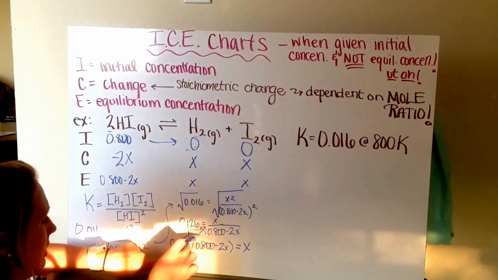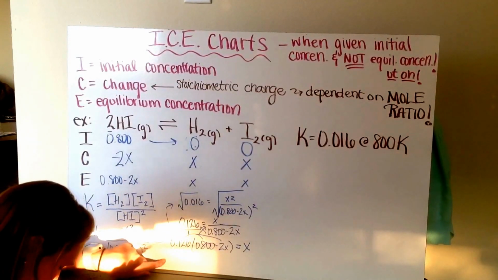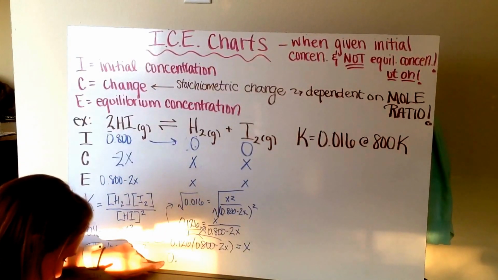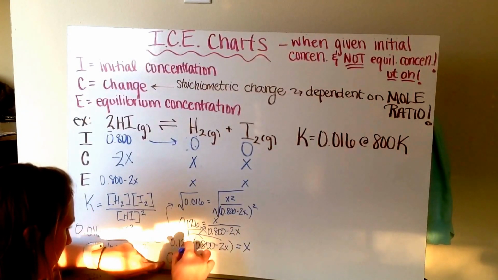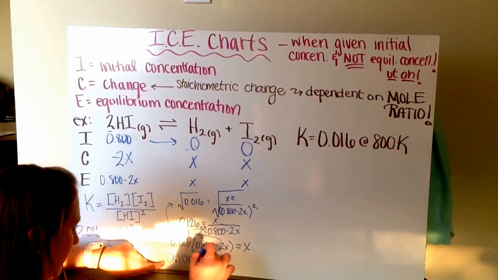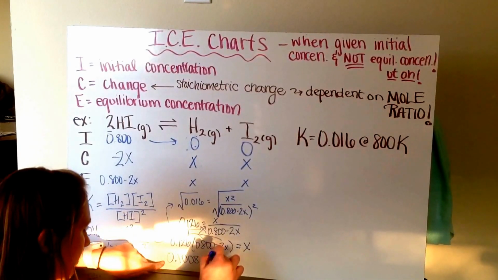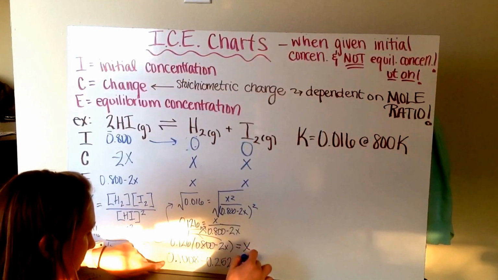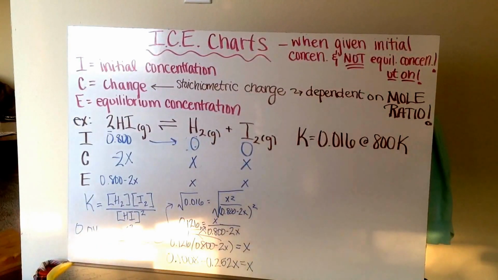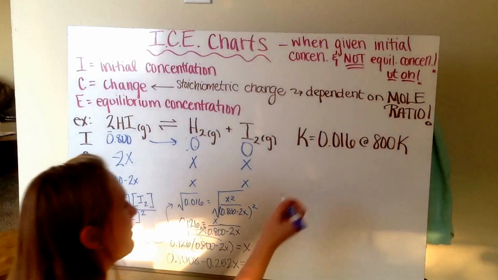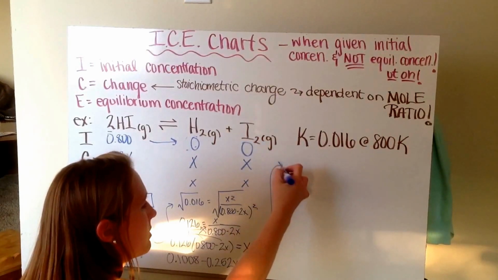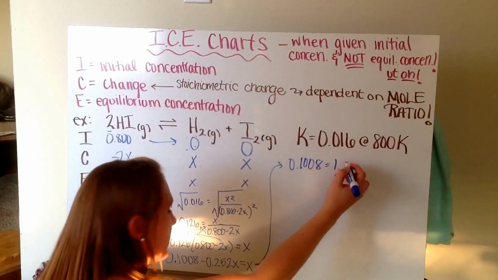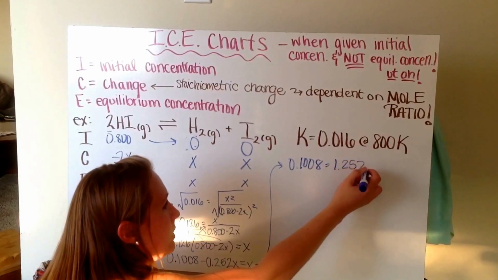And now I'm going to distribute. Now I'm going to add 0.252X to both sides, so I'm going to bring this up here. 0.1008 is equal to 1.252X.